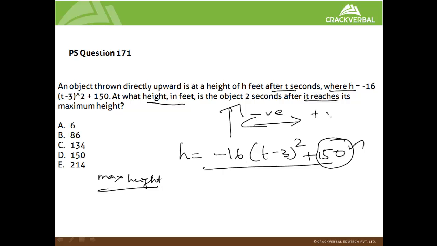So negative 16 into a positive will be negative. Negative plus positive is what? We have to make sure that this part is as small as possible to get the h value as maximum as possible.